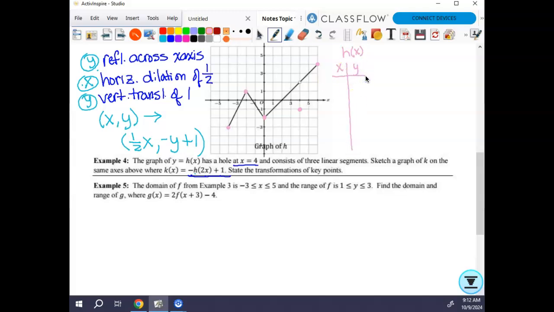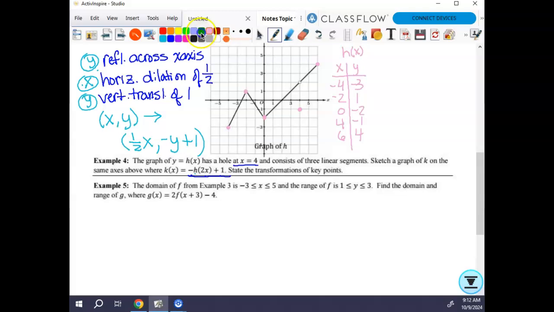That looks like (-4, -3), (-2, 1), (0, -2), (4, -1), (6, 4). Tell me if any of those are wrong. Let me double check that I didn't look at something wrong. Okay, everybody with me?